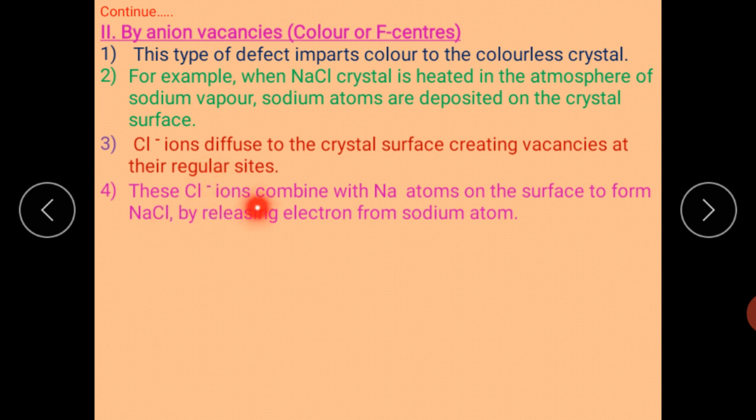The Cl- ions combine with the sodium atom on the surface to form NaCl by removing an electron from the sodium atom. In this case, Na loses one electron and forms Na+ ions. This Na+ and Cl- combine to form NaCl, and this reaction is represented this way.